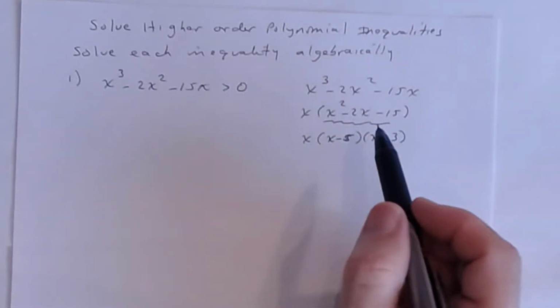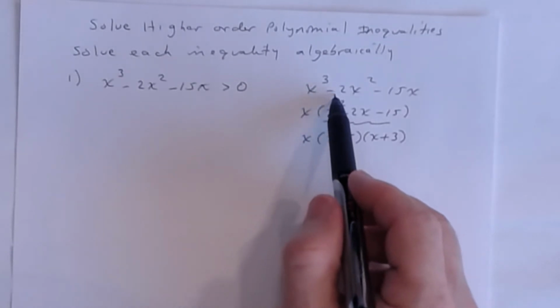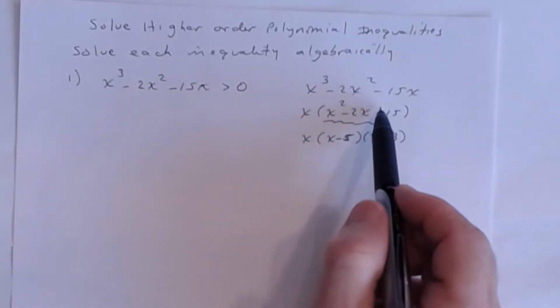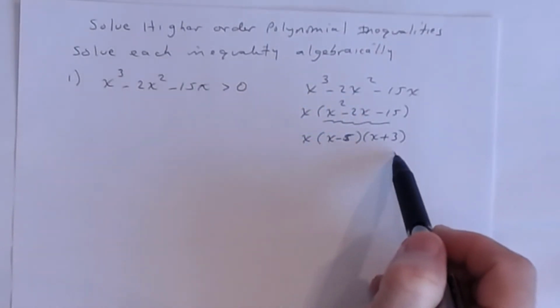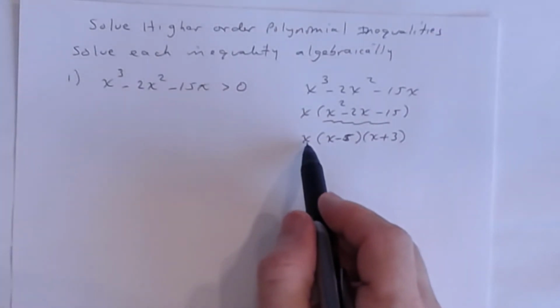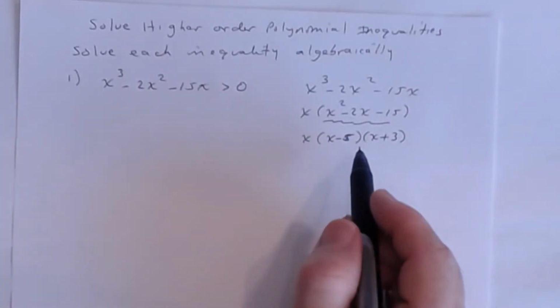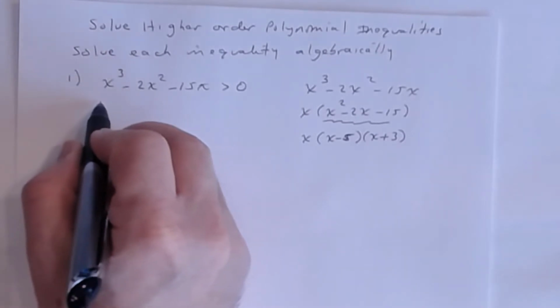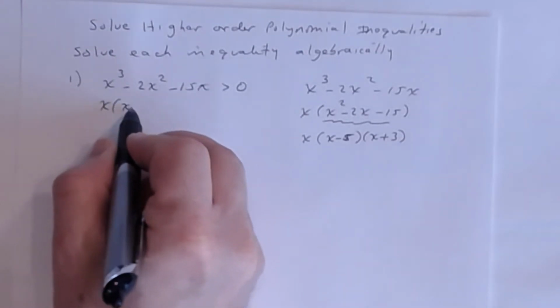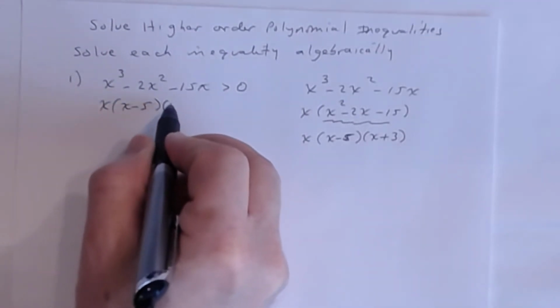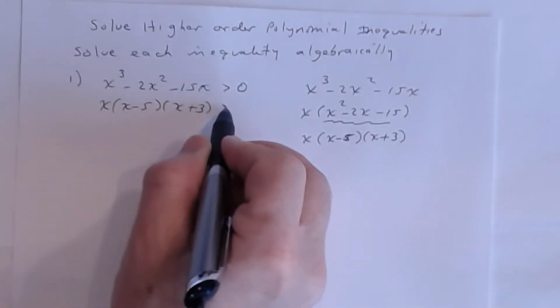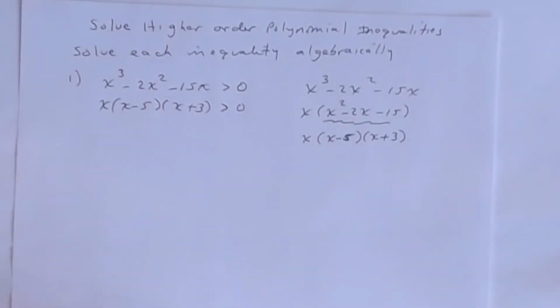So x cubed minus 2x squared minus 15x can be factored as this. Your three factors are x, x minus 5, and x plus 3. I'm going to rewrite that here: x times x minus 5 times x plus 3 is greater than 0. Don't forget greater than 0.